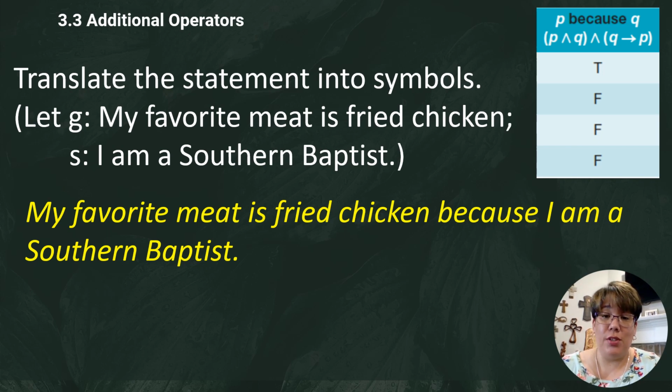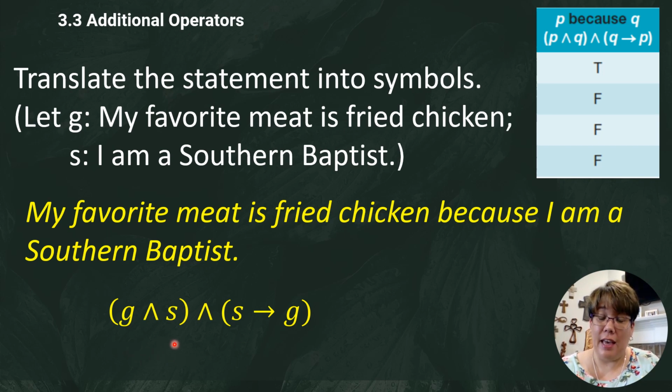All I'm going to do is take this ugly little statement here and substitute G's and S's in it. And so I'm going to say G and S implies G. And that's all there is to it.